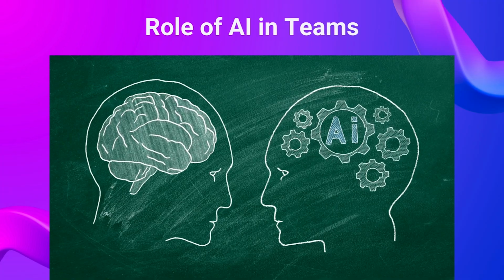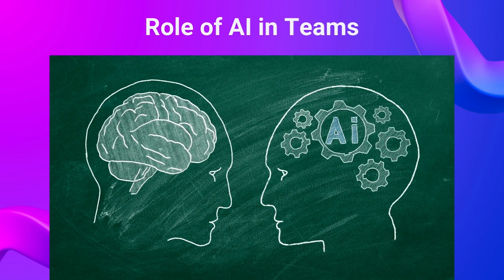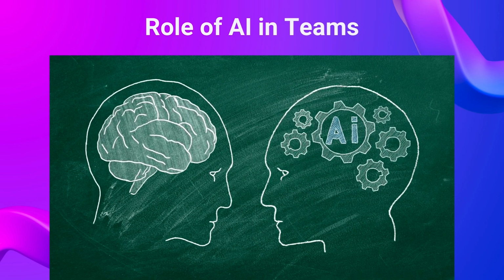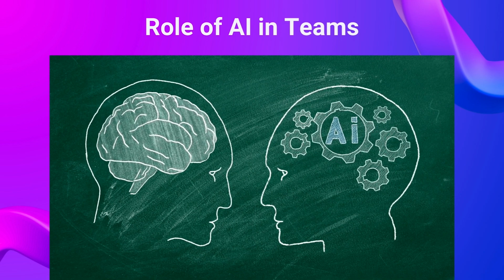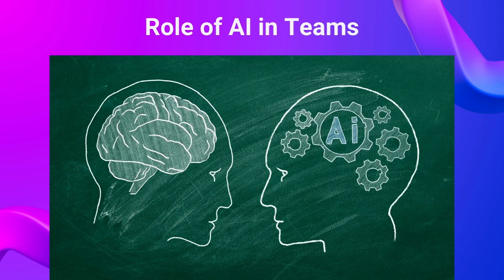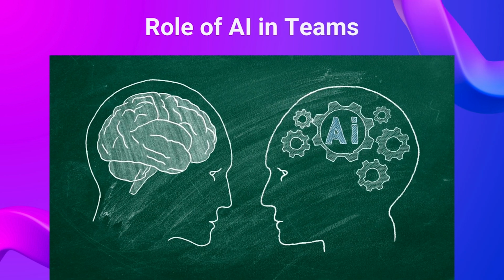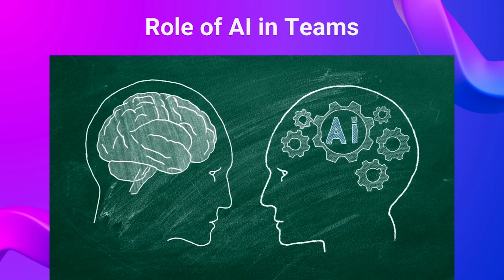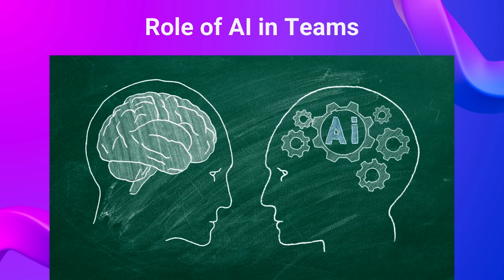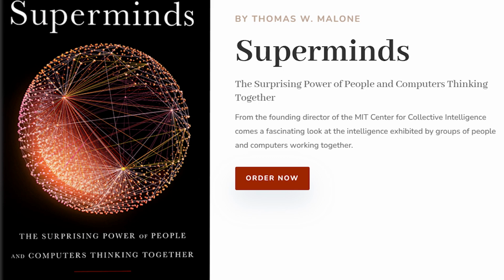Now that we know that AI has a specific type of intelligence, that can help us figure out the role it plays in our team. There's a book by Thomas Malone. He's the founding director for the MIT Center for Collective Intelligence, and it's called Superminds. Superminds are a group of individuals acting together in a way that seems intelligent.